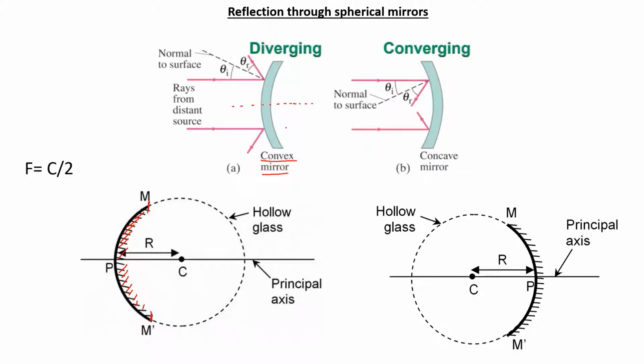Here or here? Right, so here. Your center for this convex mirror is behind the mirror. Can you see it? Light rays are coming this way, so the center is behind the mirror for the convex mirror.